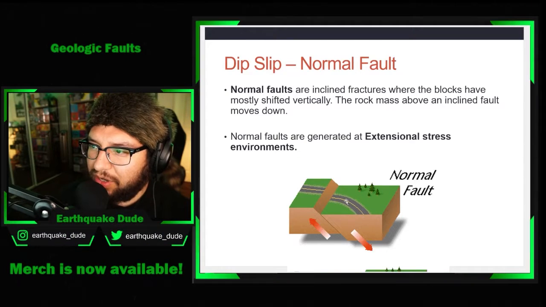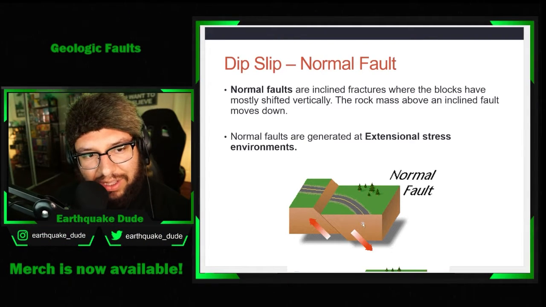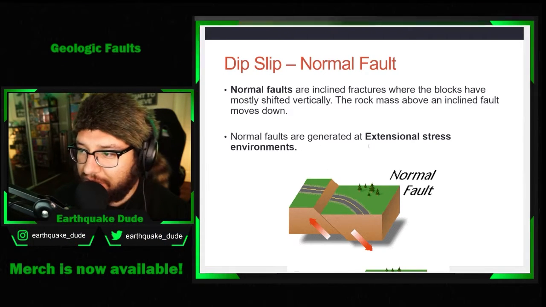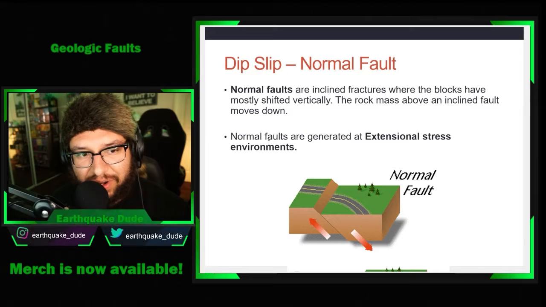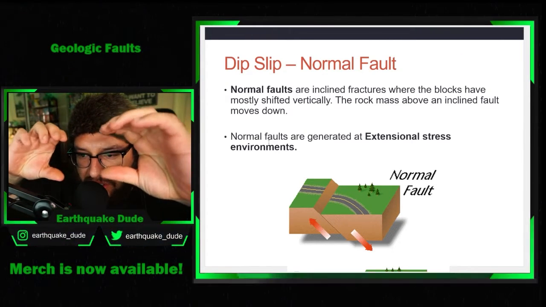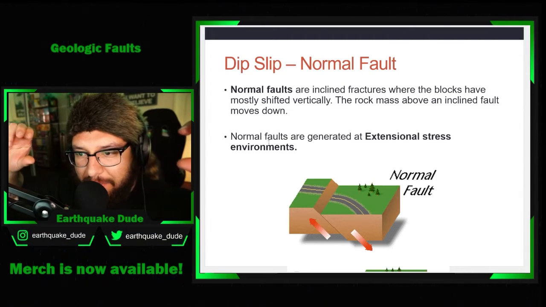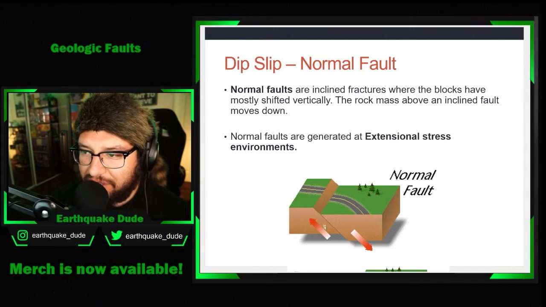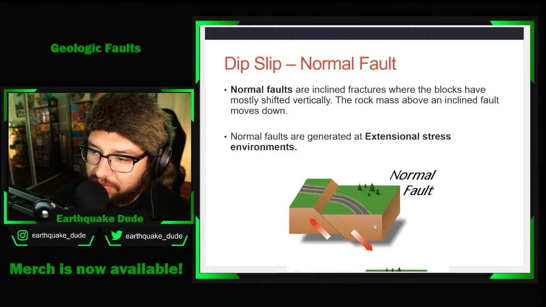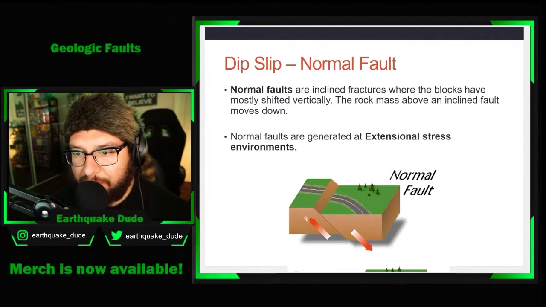Normal faults are when the block, the hanging wall, moves downwards, like you can see in this diagram. Normal faults are generated in extensional stress environments. So when the tectonic regime is pulling the landscape apart, you get the formation of these normal faults.